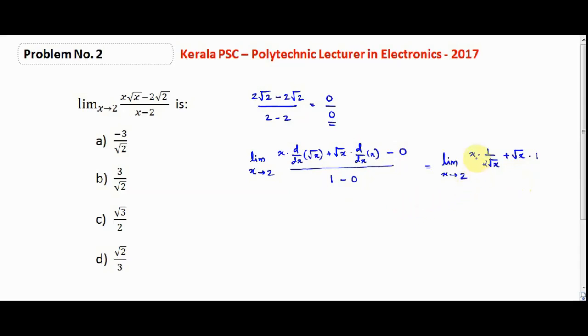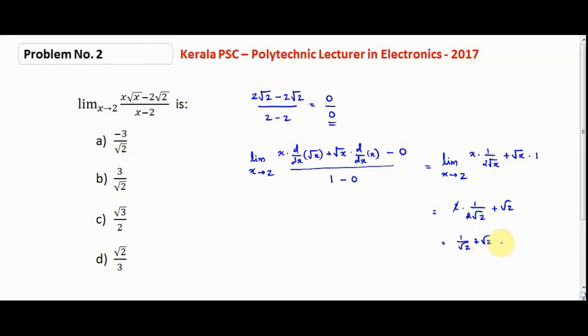Now let's apply substitution. Substitute x equal to 2 in this expression. So what we get is 2 into 1 by 2 root 2, plus root 2. This 2 and this 2 will get cancelled. So what we are getting is 1 by root 2 plus root 2.